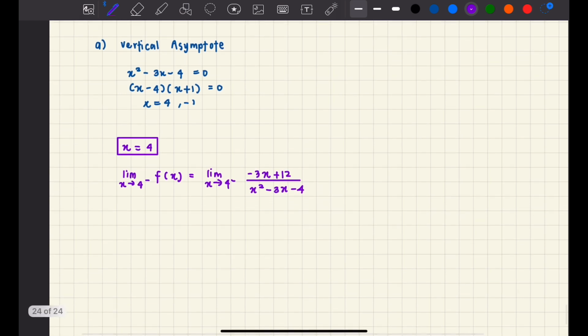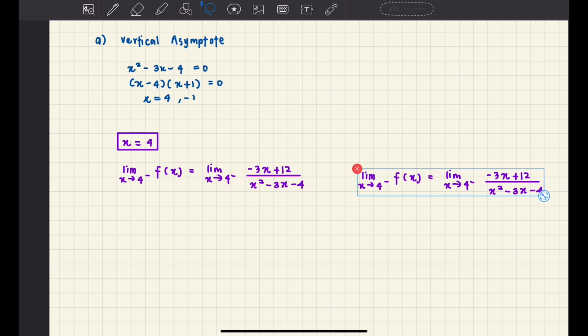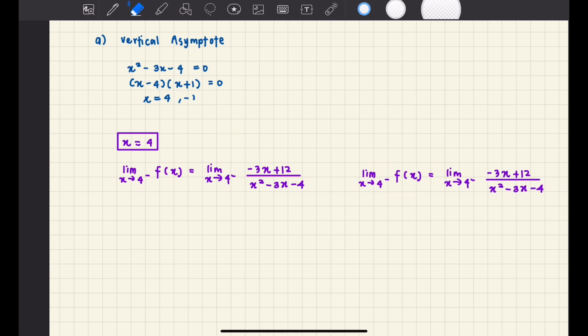This one. Okay, and then kita terus buat untuk bahagian kanan. So the limit from the right, so just change the symbol into plus over here and over here.